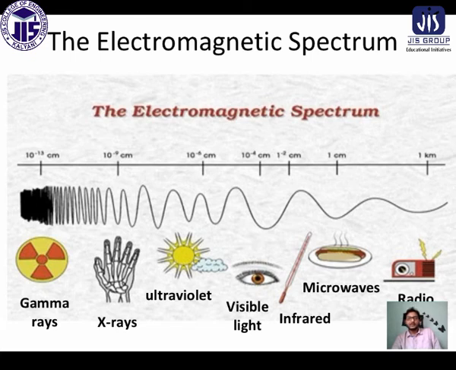So one thing is clear: the electromagnetic spectrum has different values of wavelength, and based on these different values they have different applications, or rather different names: gamma ray, X-ray, ultraviolet ray, visible light, infrared, microwaves, radio waves.